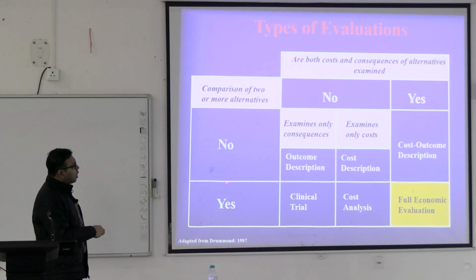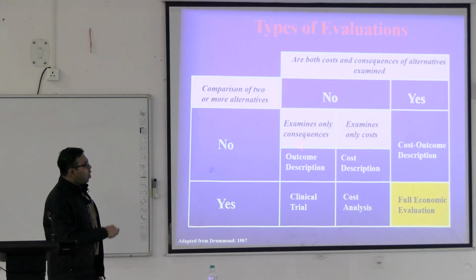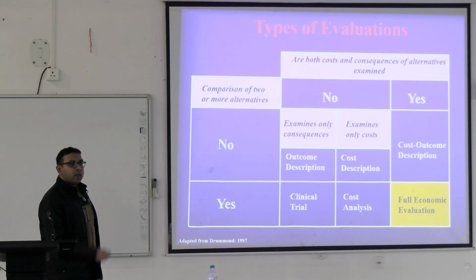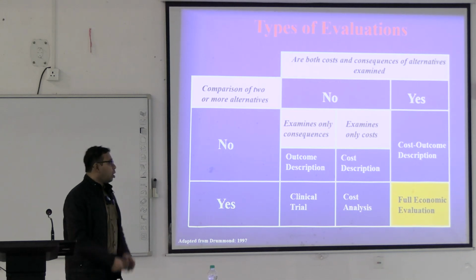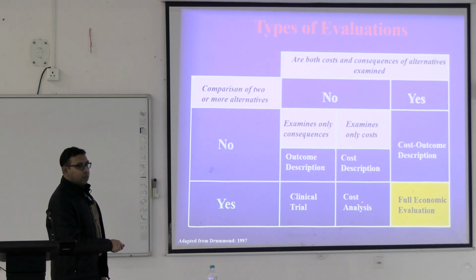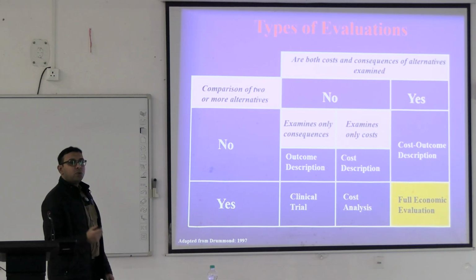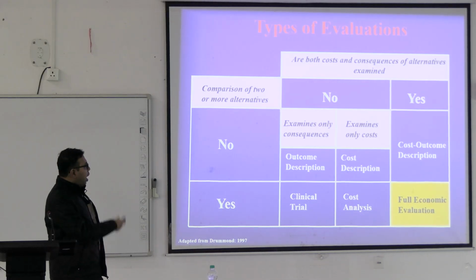When we are comparing these two or more alternatives and cost and consequences are measured, this is known as the clinical trial. In the clinical trial, basically we are comparing one to another. There may be cost analysis, only cost analysis, when we are analyzing the cost and comparing between the two alternatives.